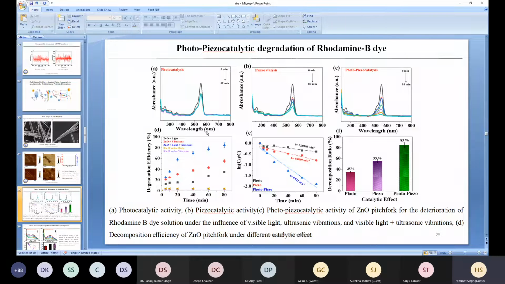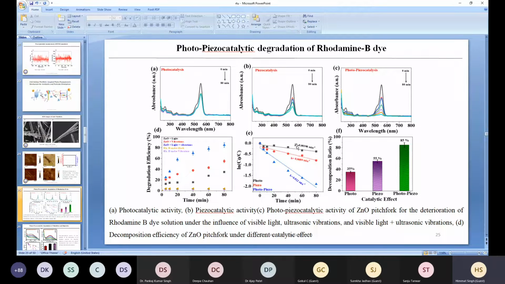So the degradation curve you can see here, and the control studies also show that without any catalyst, or under dark, or the dye without catalyst under vibrations, there is no significant degradation. And when we apply both energies, the irradiation energy and the vibration energy, we can achieve up to 85 or 90% degradation within these 80 minutes.